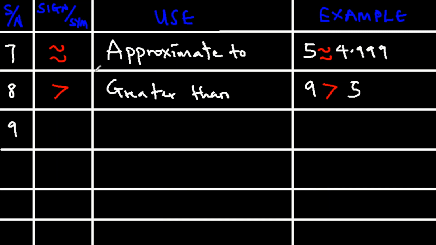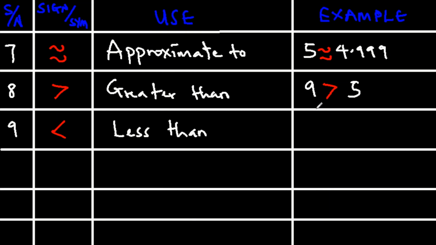The next symbol we are going to be talking about is this symbol. This symbol is called the less than symbol. And this symbol is also used for comparison when we want to compare values.